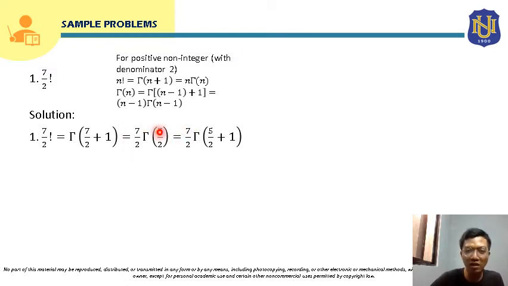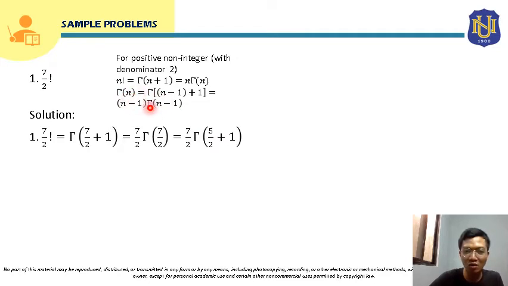But we will rewrite 7 halves as n minus 1 plus 1. So n minus 1, that is 7 halves minus 1, so that is 5 halves. So 5 halves plus 1. This is also equivalent to this. But what we're going to do here is rewrite it this way.